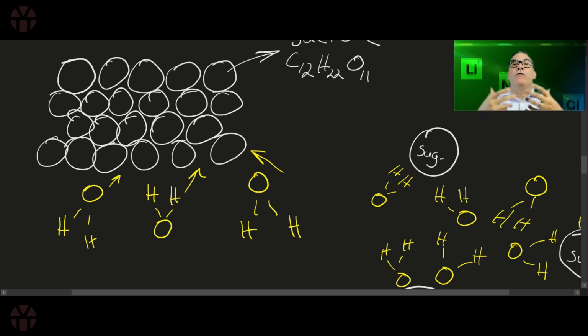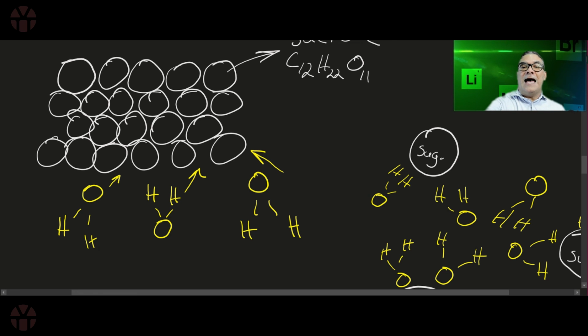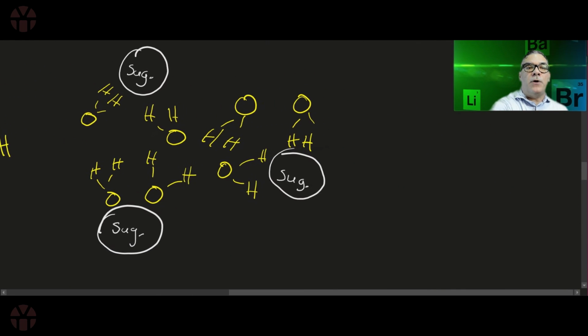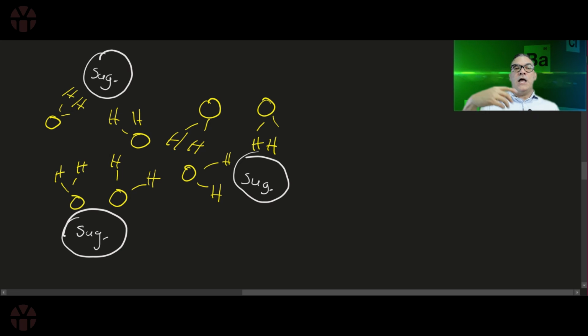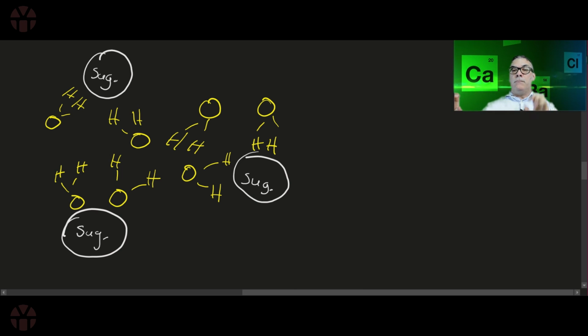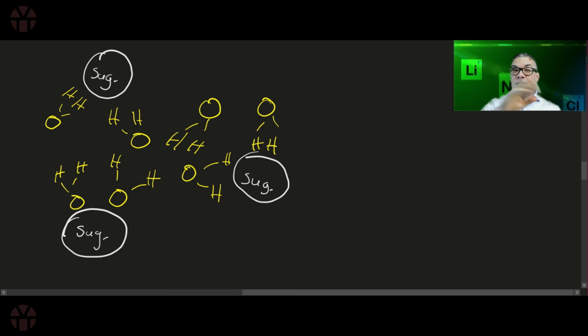It can overcome those forces, and as it does that, it literally separates each of my sugar molecules into individual molecules separate from one another. The result is that we would see my nice block of sugar disappear.